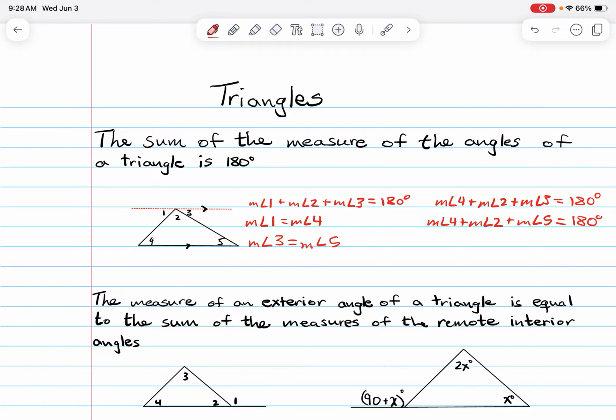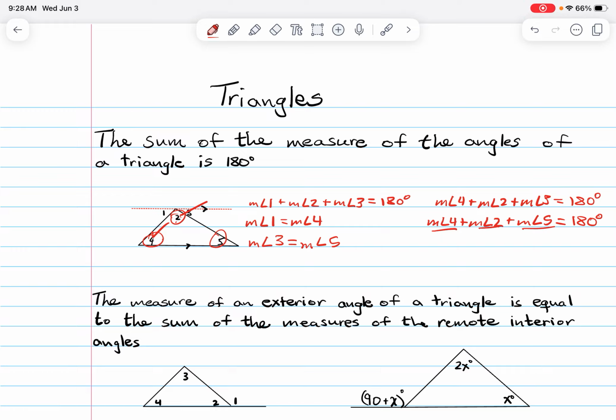Just a little bit of substitution. Now, look what we have here: measure of angle 4 plus the measure of angle 2 plus the measure of angle 5. Those are the three angles in the triangle, and they equal 180.